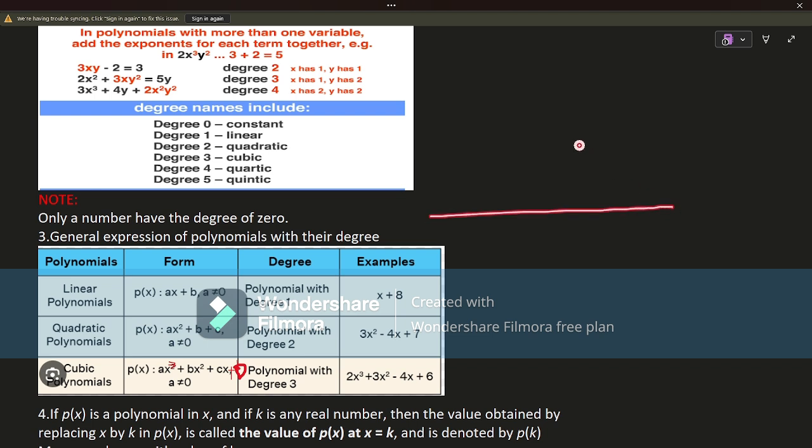Means any polynomial will have a particular shape, whether it is a U shape or a straight line on graph paper. According to degree, each polynomial with a different degree has a different shape. For example, a polynomial with degree 1 is linear, meaning a straight line in the graph.